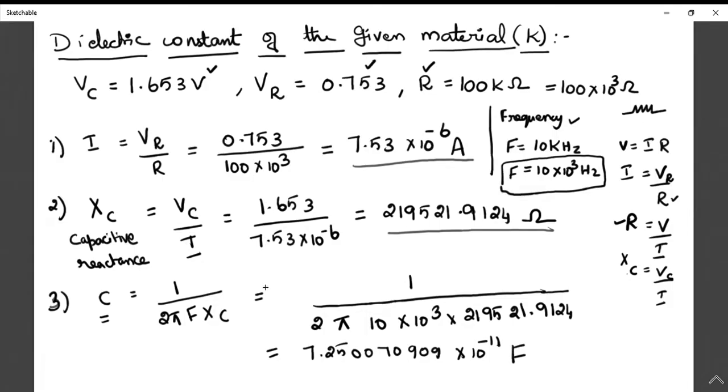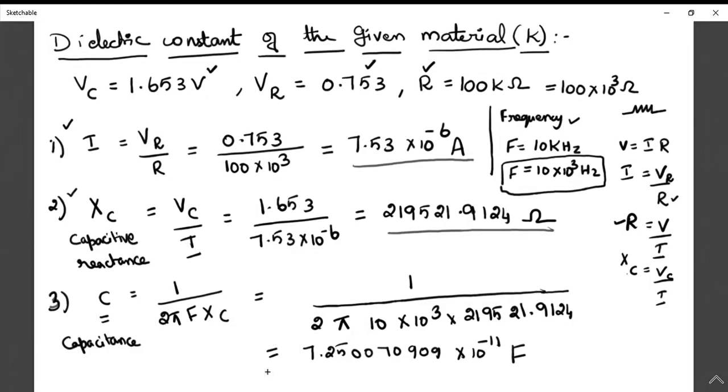The final one is the dielectric constant calculation. Let me explain once again. First we calculated I, the second is the capacitive reactance, then C is the capacitance of the capacitor, and the last one is the dielectric constant.